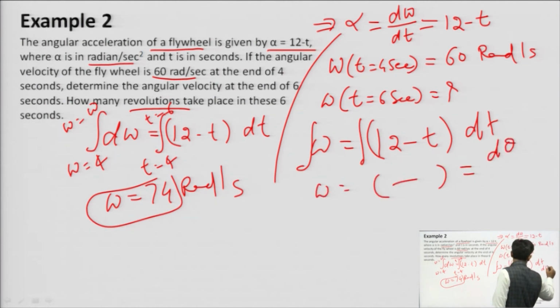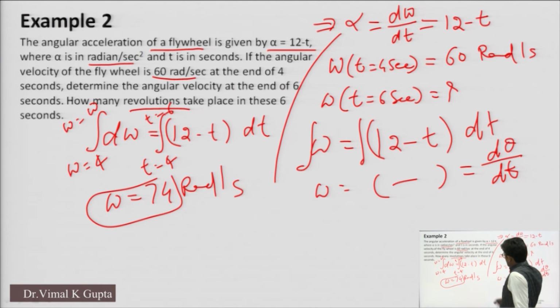Now it is d theta by dt. Number of revolutions means we need to find the value of n. So try it by yourself.